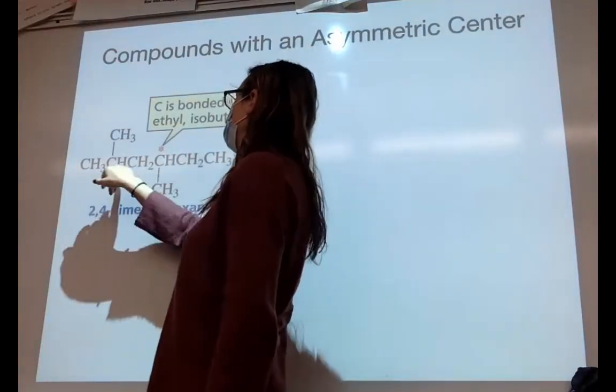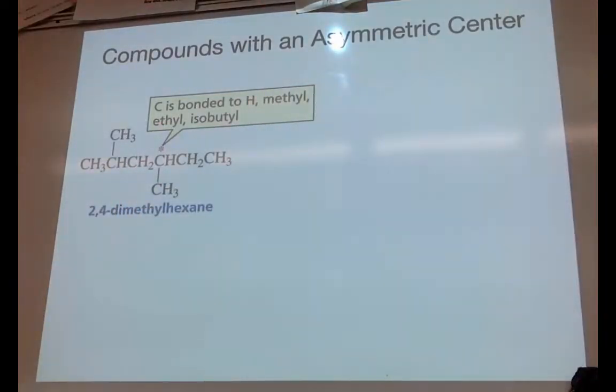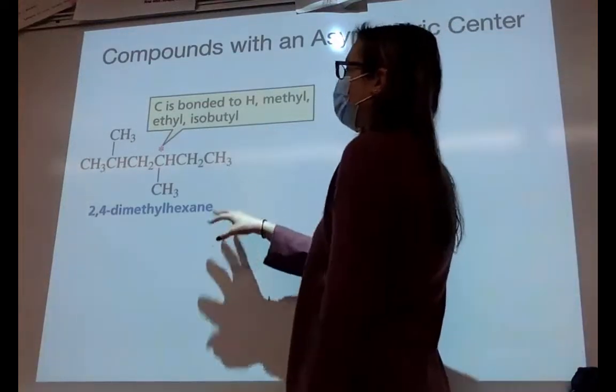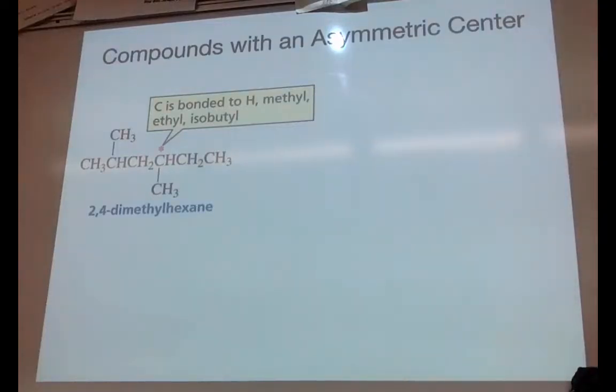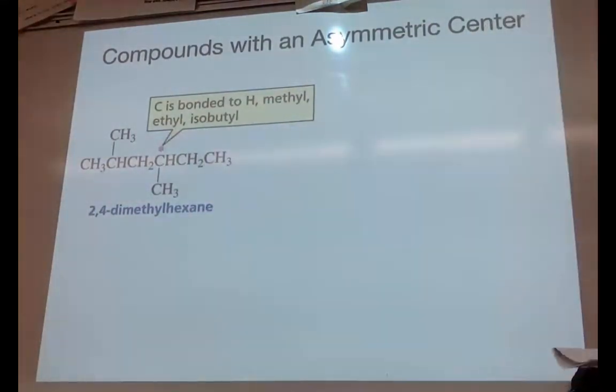And then over here, you notice you have 4 carbons attached, isobutyl on that side. As long as it's 4 different things, I'm not asking you to name this, I'm asking you to find chiral centers. So find, is there a carbon that's attached to 4 different groups? 2,4-dimethylhexane has a carbon attached to 4 different groups.